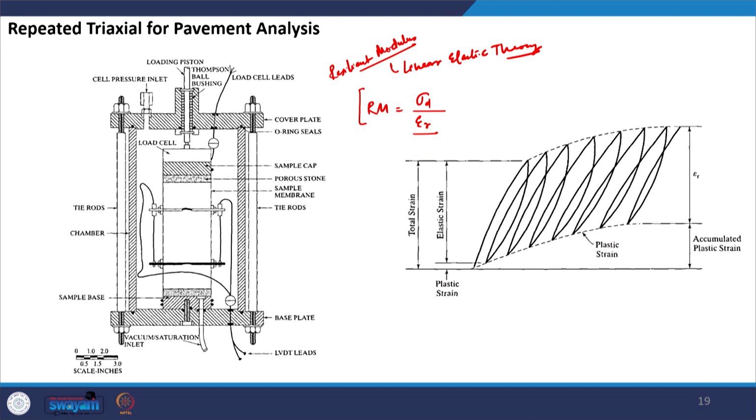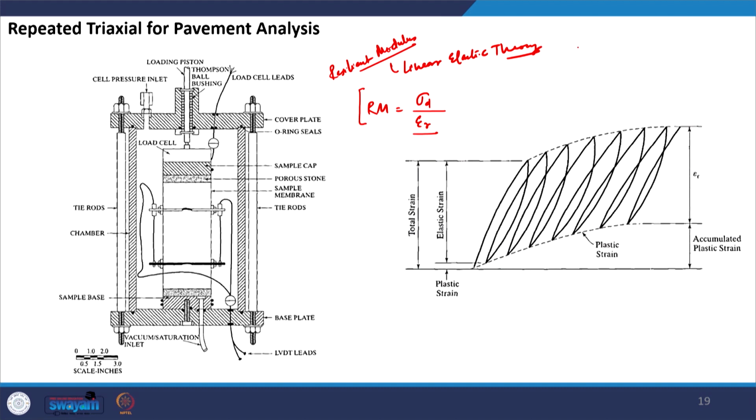For example, for subgrade we typically use a repeated triaxial test to evaluate the resilient modulus. When we start to load the specimen in repeated mode, we give some form of loading, then a rest period, then again loading and again a rest period.